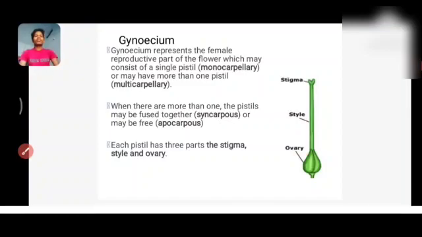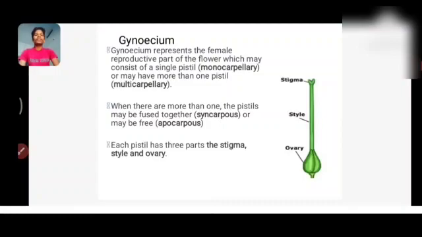Stigma is nothing but the landing point of the pollen grain. During pollination, the pollen grain reaches the stigma because of the sticky nature of the stigma. So the stigma has a sticky nature. The pollen grain attaches to the stigma and reaches the ovary through the style.